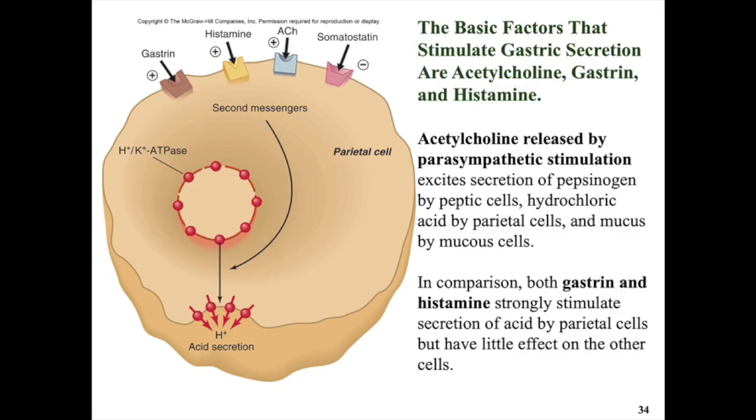And to further understand this, we need to look at the aspects that are stimulatory or inhibitory as far as the parietal cell. So remember that the antrum produces gastrin. You see here how gastrin stimulates the parietal cell to produce more acid. So this is the kind of hormonal control that happens.